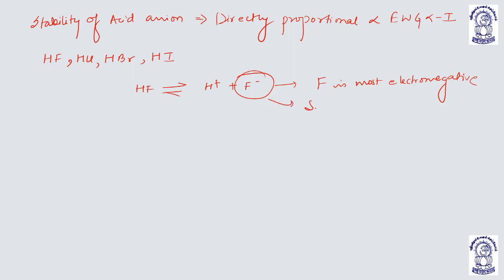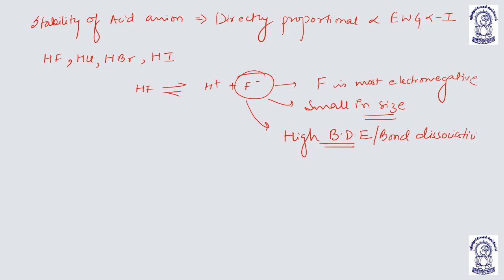It is small in size. Okay, as the size is small, both fluorine and hydrogen can make a good bond with high bond dissociation enthalpy, and that is why the bond is not broken into H and F. Understood?